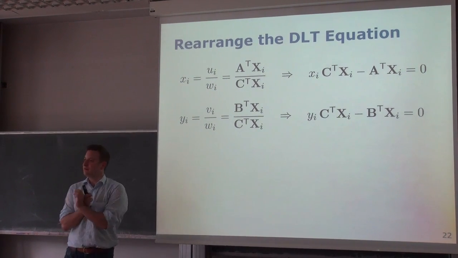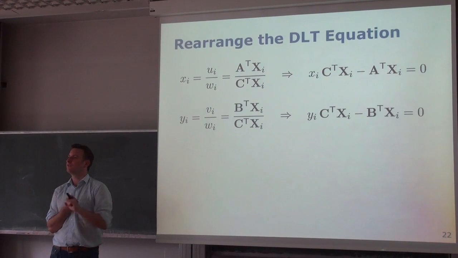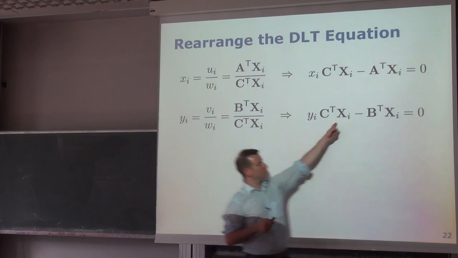Remember, those x were the points that we know. So these are the coordinates of our control points.